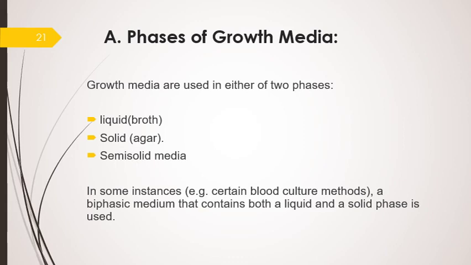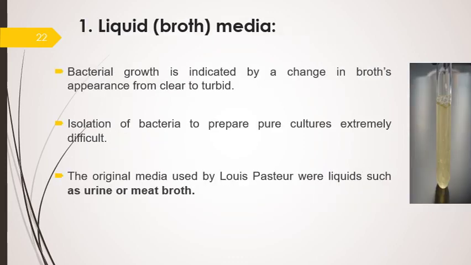In addition, sometimes we use a hybrid type of media, also called biphasic media, that contains both a liquid and a solid phase. First we have liquid media or broth media. In this media we dissolve nutrients into water, and bacterial growth is indicated by a change in the liquid media from clear to turbid.